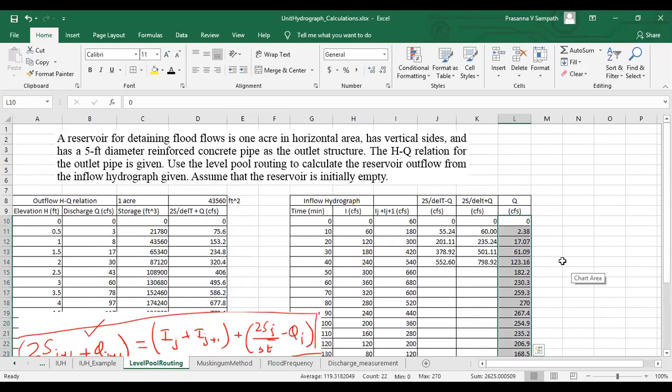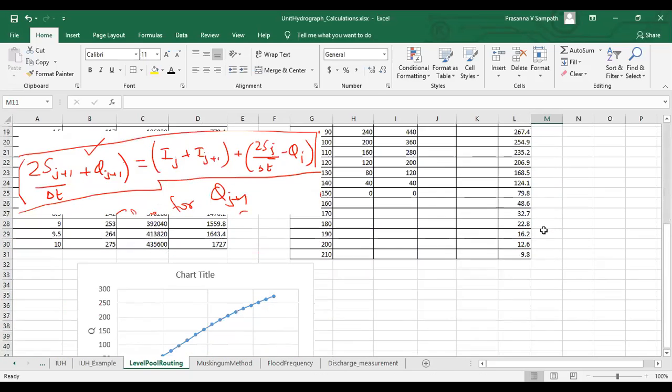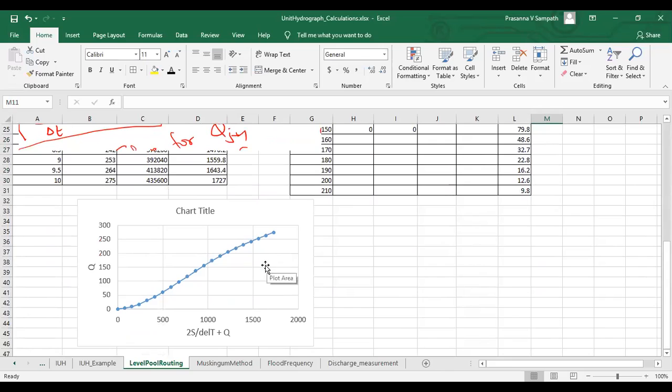All right, any questions on this, on the procedure? Any questions on the procedure? All right, so now I want to show you a couple of things in this. This plot that you see over here is the plot between 2s by delta t plus q and q. This is just to show you what it looks like.